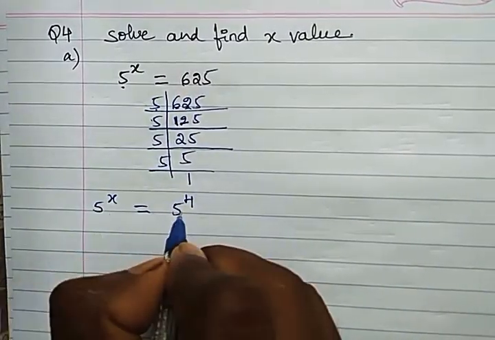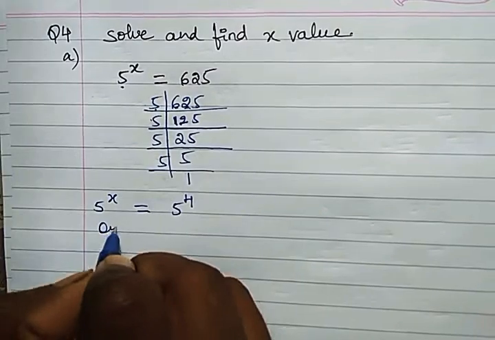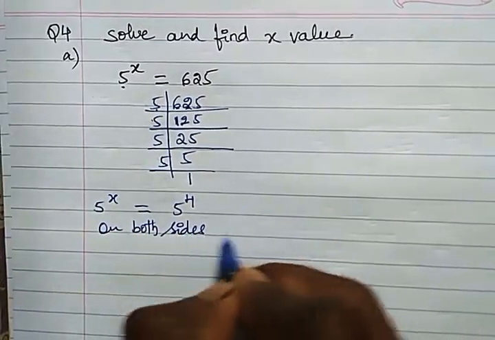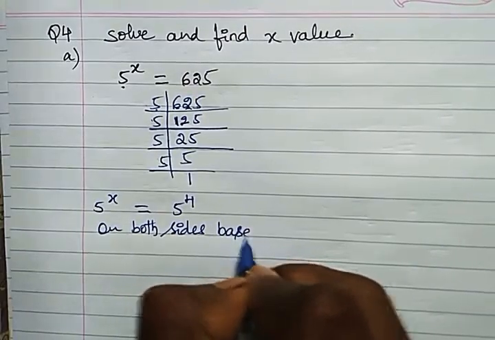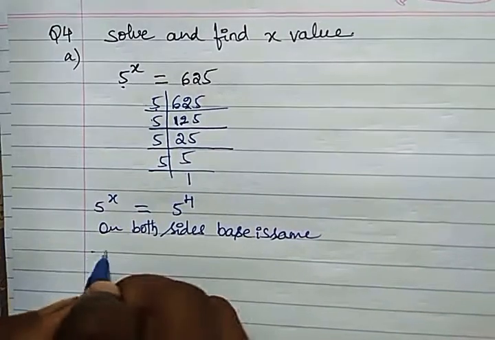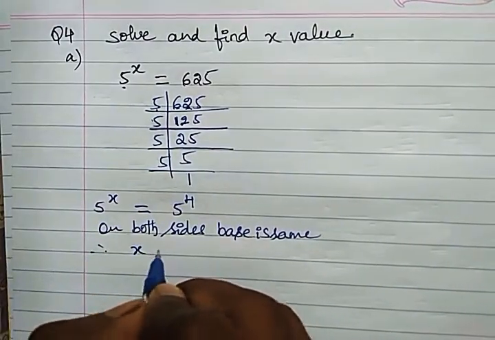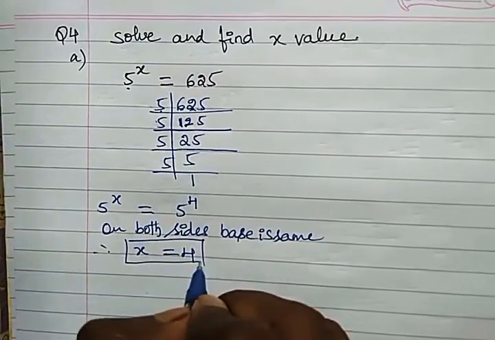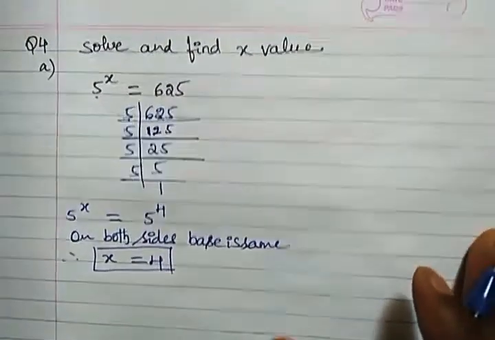Now on both sides the base is the same. Therefore the powers are also the same. So x is equal to 4. For question number A, the answer for x is 4.